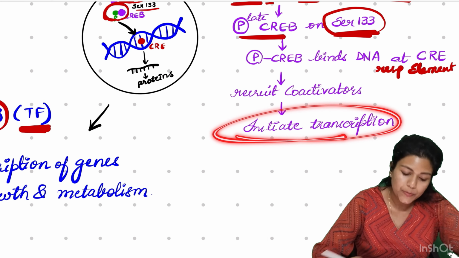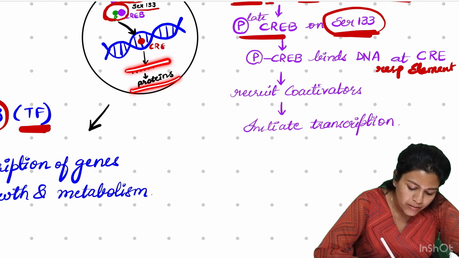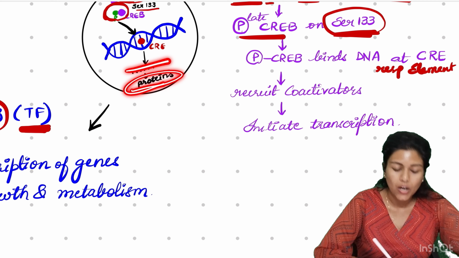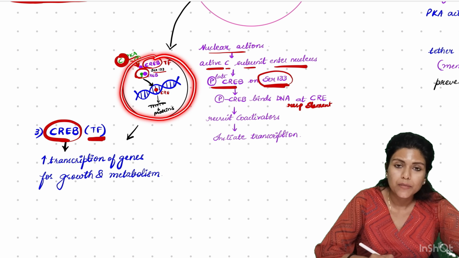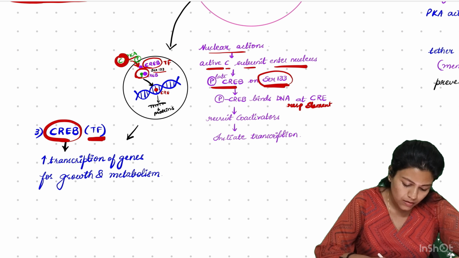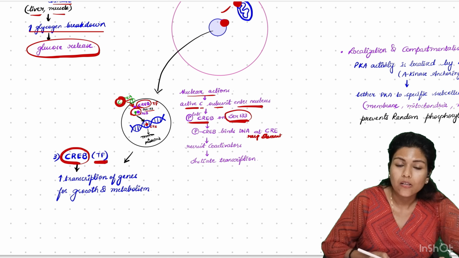It will initiate transcription. Transcription means the DNA becoming the mRNA. mRNA is finally translated into protein, the final outcome. That is about this nuclear transcription factor, CREB. Because of this transcription of genes, it will release genes for growth and metabolism. Final output is growth and metabolism.